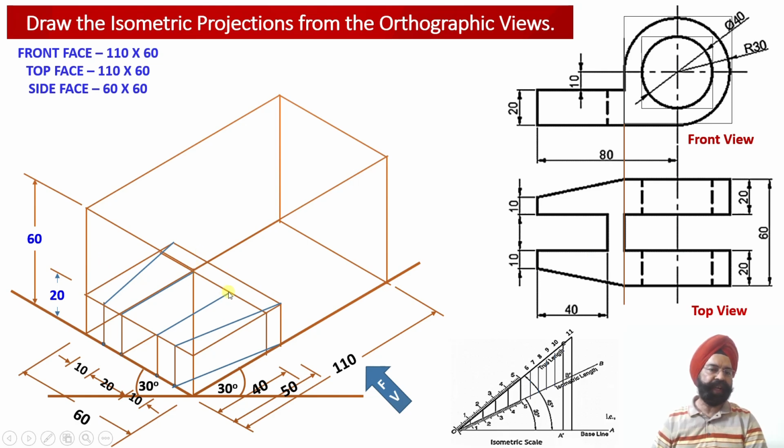So this distance is 20 millimeter, whereas this distance is 60 millimeter. And since this projector line and this projector line are not parallel to the z-axis, this is a non-isometric projection line. This is also a non-isometric projection line because it is not parallel to any one of the isometric axes over here. So this way, the left hand side portion of the solid up to a distance of 50 millimeter has been obtained into the isometric projections over here.